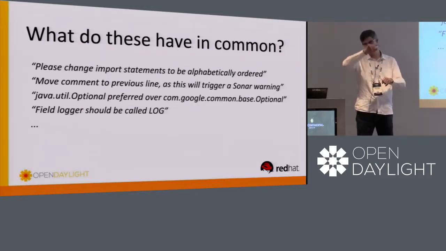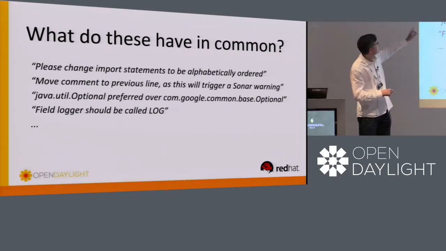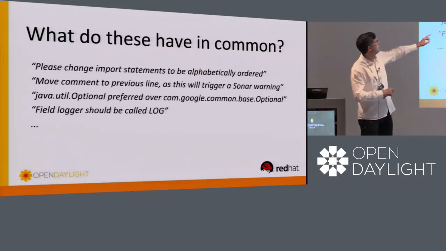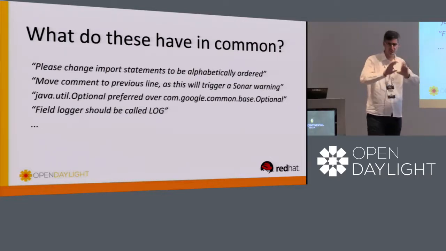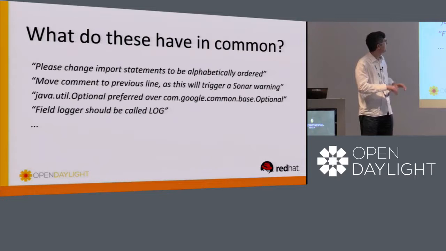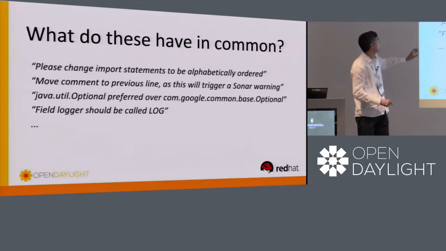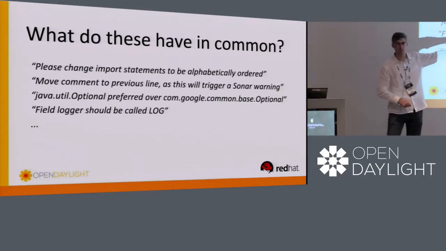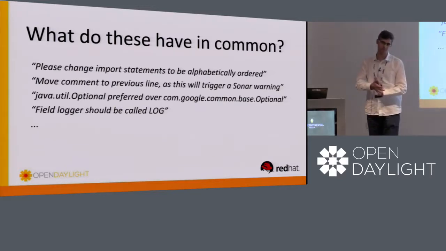Somebody put in a change and said, I want to do it like this. And somebody said, no, we're not going to merge this. You can't do this because: change the import statements to be alphabetically ordered. Or move the comment to the previous line because Sonar, which is one of these quality check tools that we run, will not like this. Or use this API instead of that API. Or this logger should be called log in uppercase. What do these things have in common?